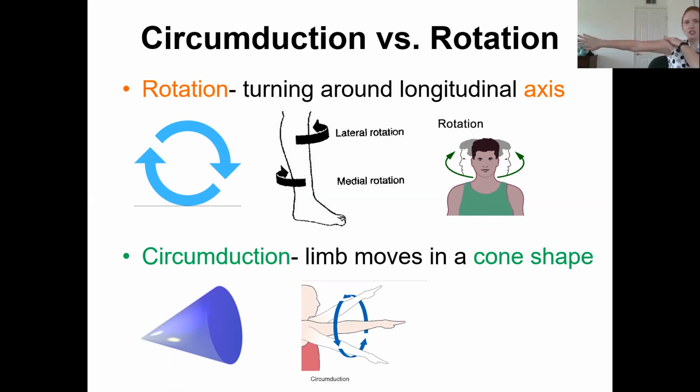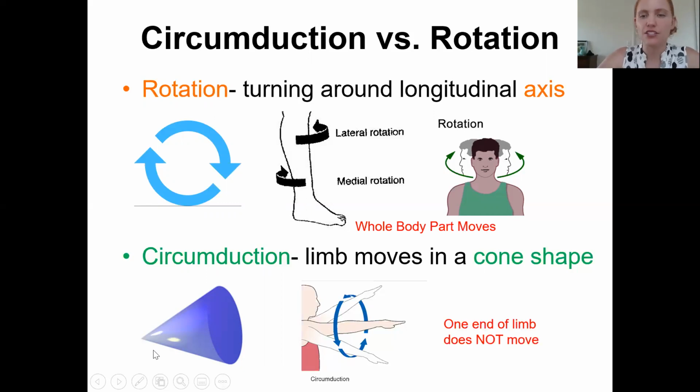This is rotation. This is circumduction. That's different. So they're not opposites, but they are similar but different. I'm grouping them together to help you remember things. So the whole body part moves for rotation, and then one end of it stays put.